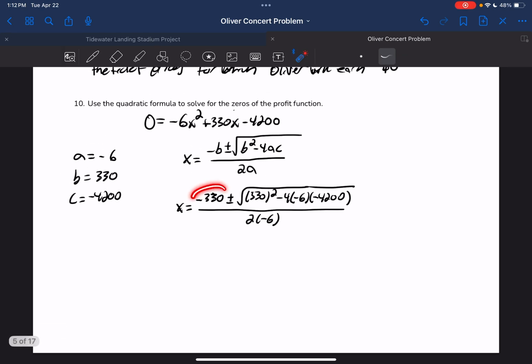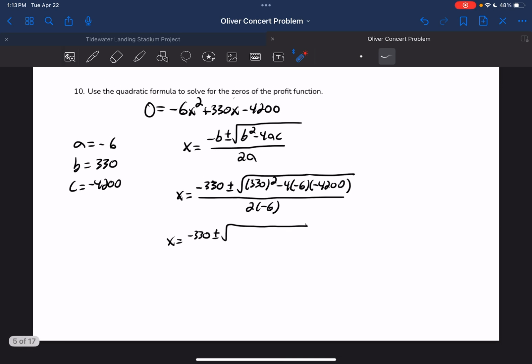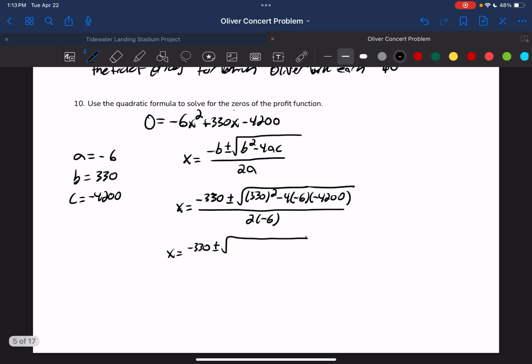So now we're going to want to simplify four things all at once. There's nothing we can do with the negative 330, so we're going to leave that, plus or minus the square root of 330 squared. Give me 1 second to pull out my calculator. 330 squared gives us 108,900 minus, and we're going to want to do negative 4 times negative 6 times negative 4,200.